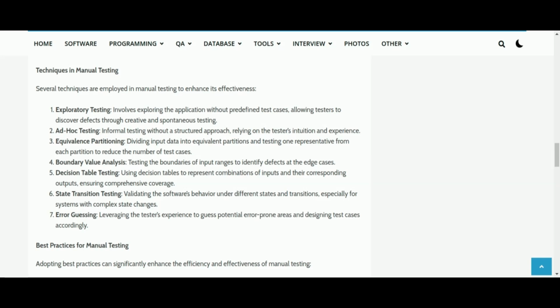Already, I have discussed what is exploratory testing. You can see the before session. So, what is exploratory testing? Exploratory testing is when the tester tests the product and simultaneously gains internal product knowledge.